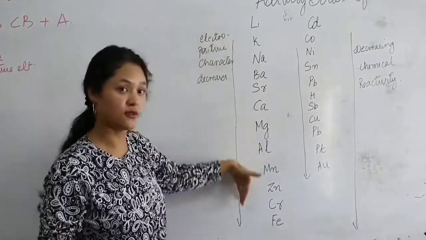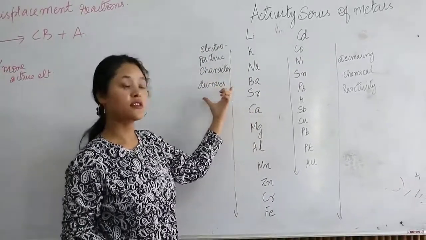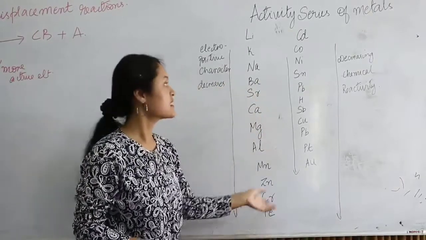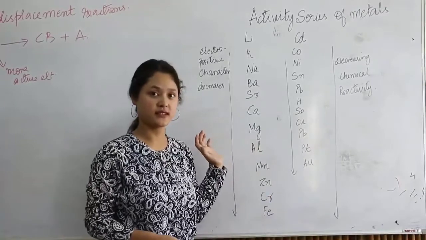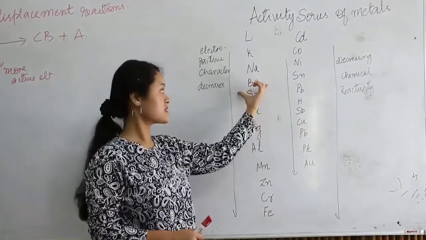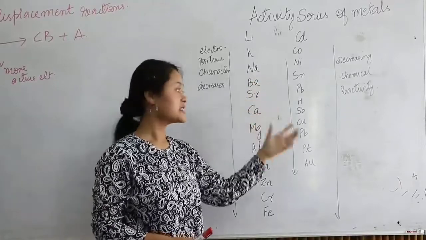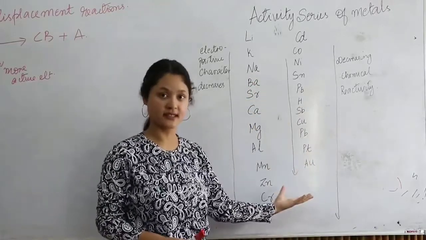As we go down in this metal series, the electropositive character of these elements decreases, and also the chemical reactivity of these elements decreases. The elements placed above in this activity series are more active than the elements placed in the lower part of this series.